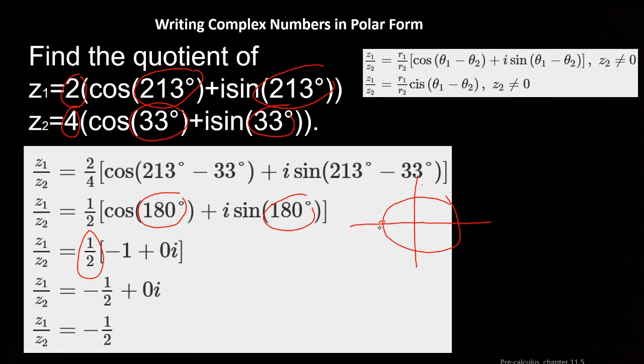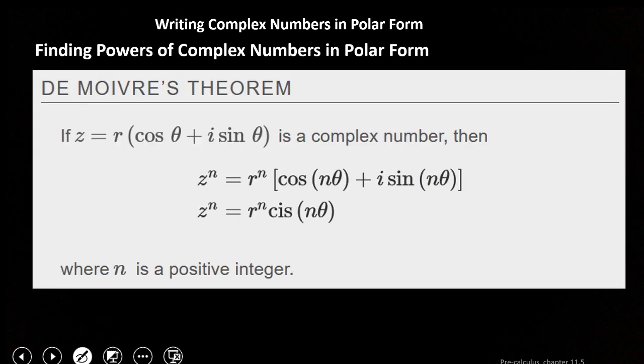Well, it's -1. And what's the sine of 180? It's 0. So that would be 0 and that would be 1, and that's it. So 0 times i is just 0. So when you divide these two complex numbers, you just get -1/2 plus 0i, but 0 doesn't change anything.